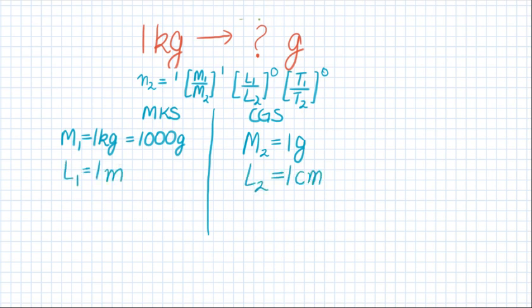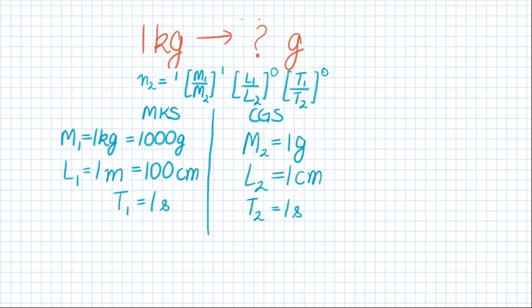So in your MKS system, L1 is measured in meters, L2 is measured in centimeters. If I want to convert this 1 meter to centimeter, we know 100 centimeter equals 1 meter. Fine. Similarly, I've written my L1 and L2 in terms of centimeter. Now similarly, you can write T1 and T2.